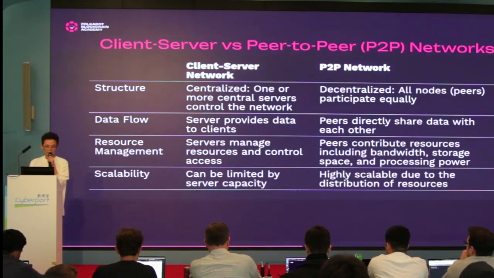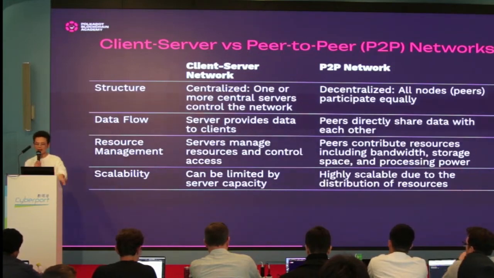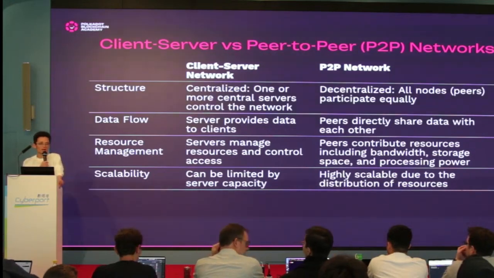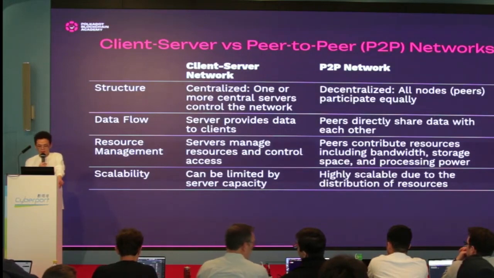And regarding scalability, the client-server model can be limited by server capacity. So that's why many modern applications employ multiple servers, or they will use more servers when the network traffic is high.